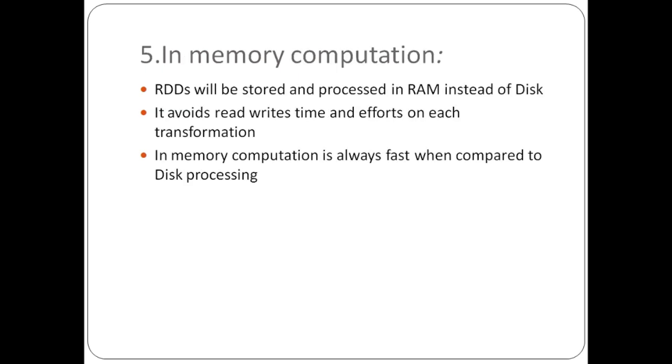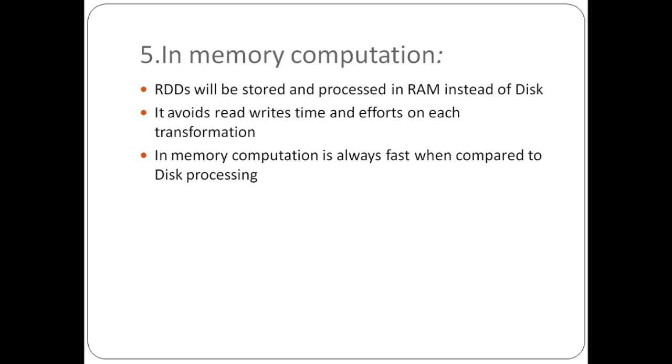Fifth one, in-memory computation. RDDs will be stored and processed in RAM instead of disk. It avoids the read-write time and effort on each transformation. So why did Spark come? Before Spark, there was no in-memory computing concept.